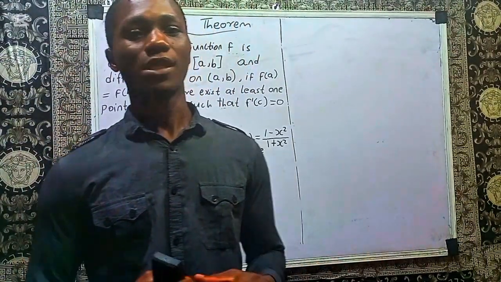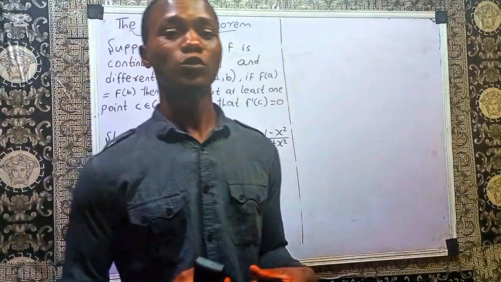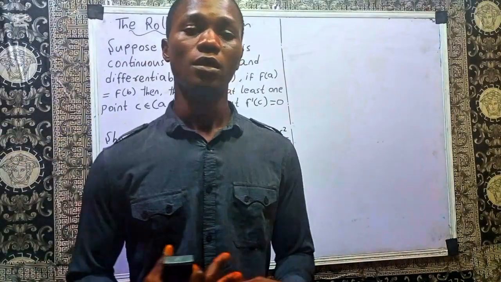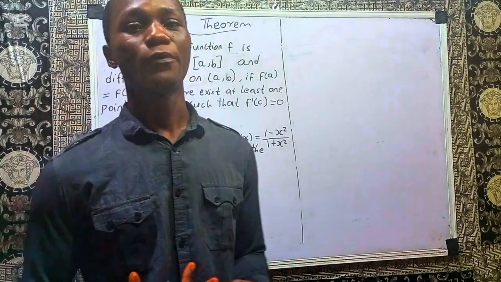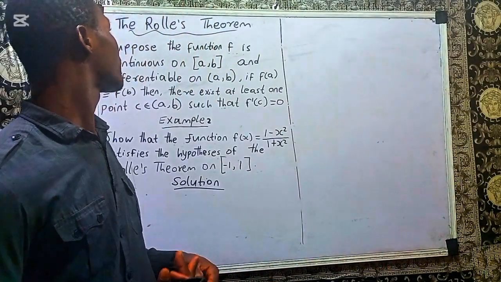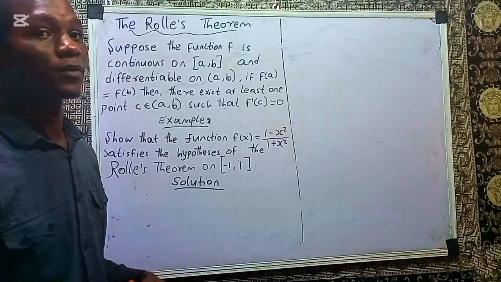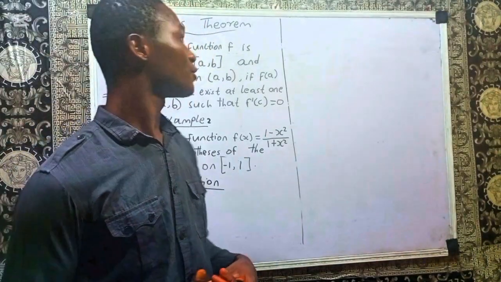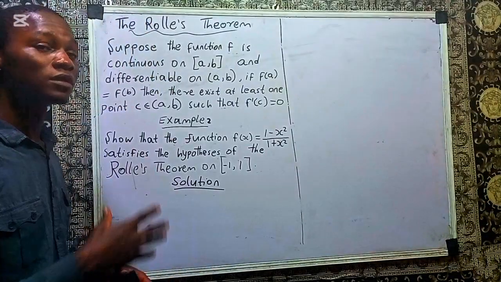This is mathematics class and today we want to consider more examples under the topic we introduced in our previous video. We looked at Rolle's theorem. In our previous video we stated Rolle's theorem, and we can see the statement on the board.